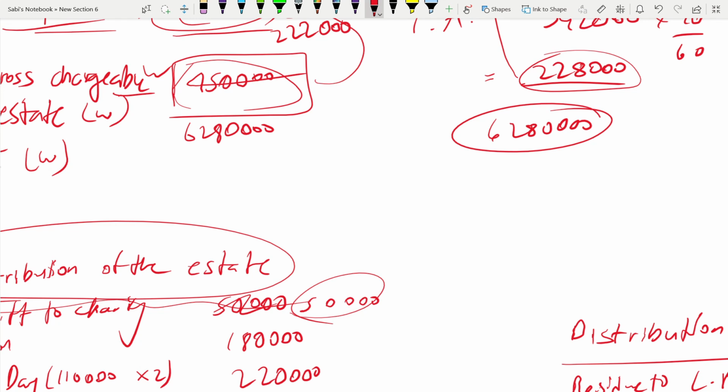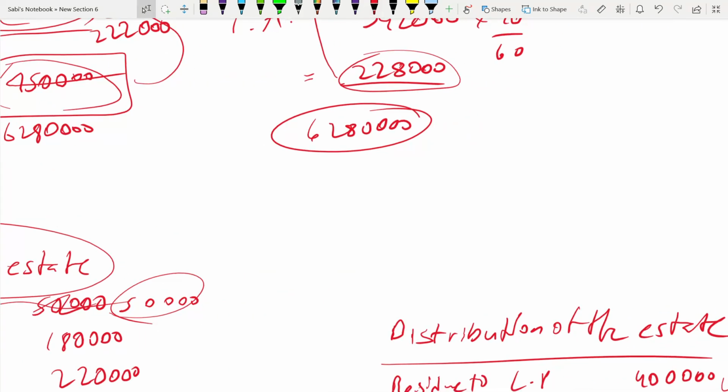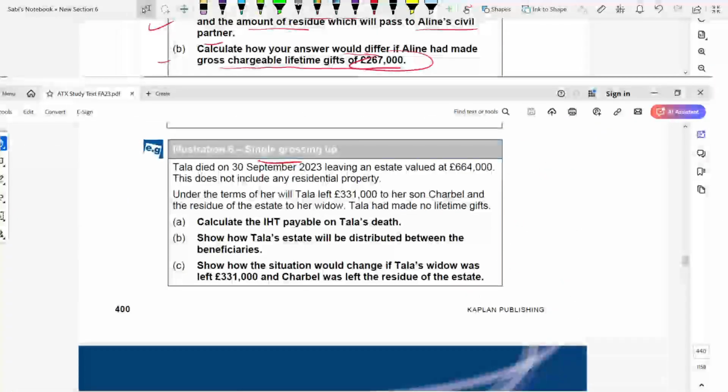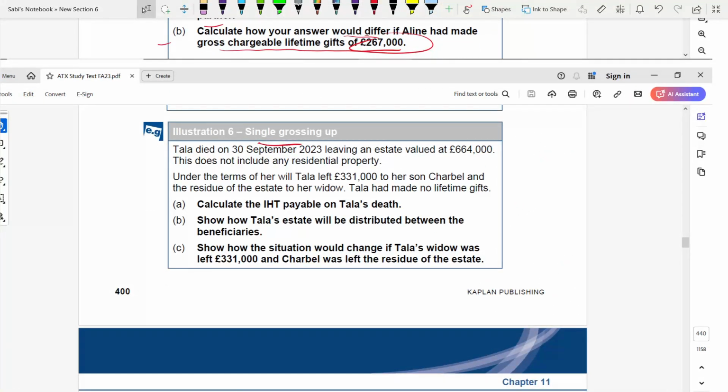The rest now distribute and see. Still it will add up to 900. The only thing is residue to civil partner reduced to 222 and IST increased from 50 to 228. Everything remains the same, so it's still 900,000. Okay, now coming to illustration 6. You have got the idea.